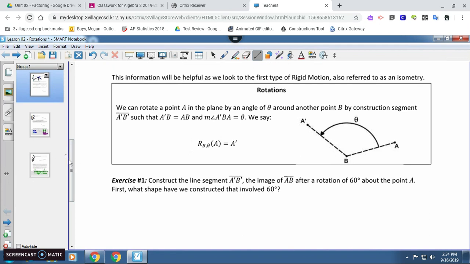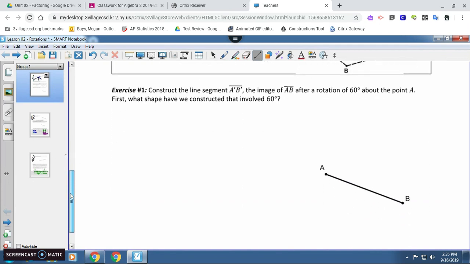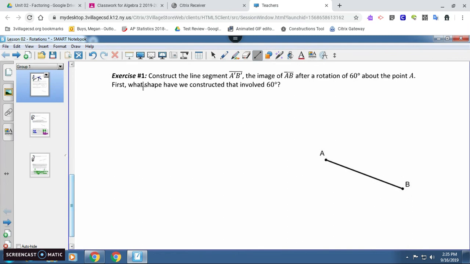We're going to use that today to help make this construction happen. And also, I want to highlight that we're going to rotate this around point A. So that means point A will not move. That's going to be our center of rotation here.